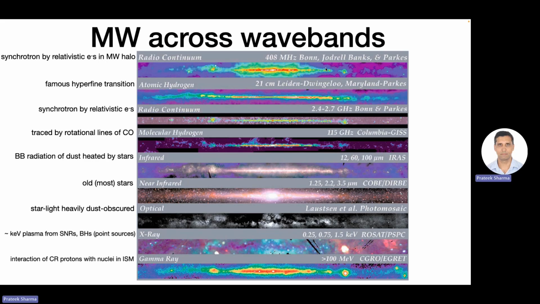Unlike a black body or something which is very narrow, here the spread of radiation over frequency and wavelength is broad. So that's why these are continuum, unlike lines, where you have radiation coming in a very narrow wavelength region. Okay, so this is radio emission. This is the 21 centimeter map. The same portions, you look at different wavebands.